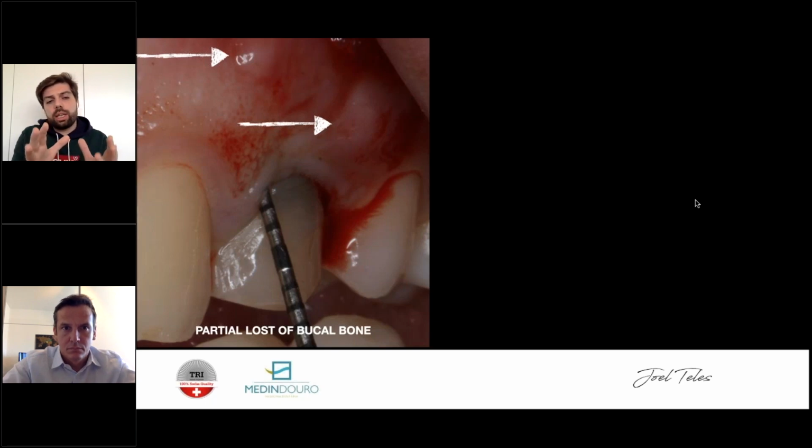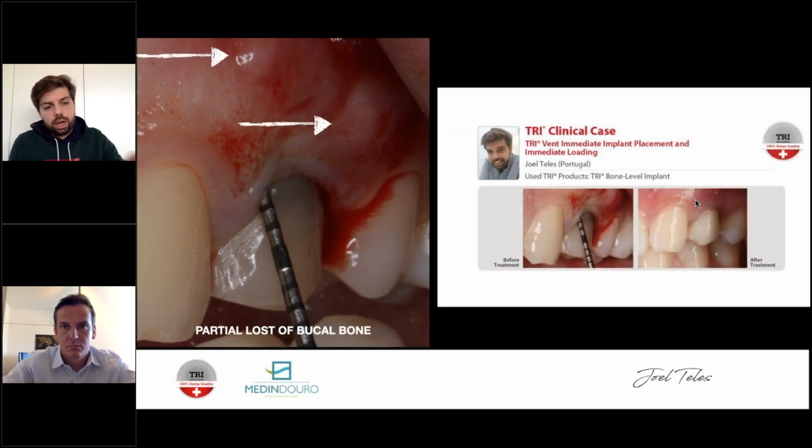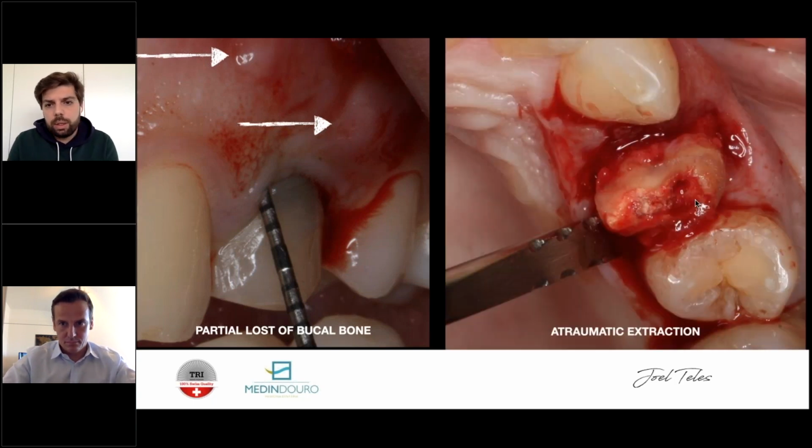And to turn this acute infection into a chronic one. So you don't want to go in once the infection is too acute because it's too risky. So he was on antibiotics and on chlorhexidine for a few days now, and this was actually case of the month in 2018. So this is a 2016 case, one of the first I did with TRI.